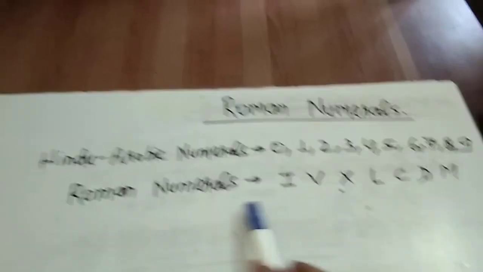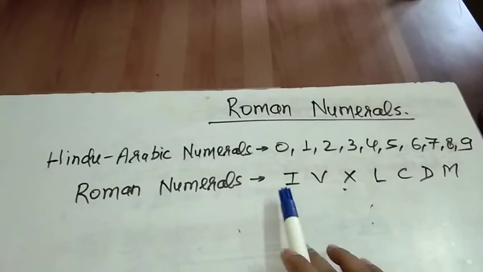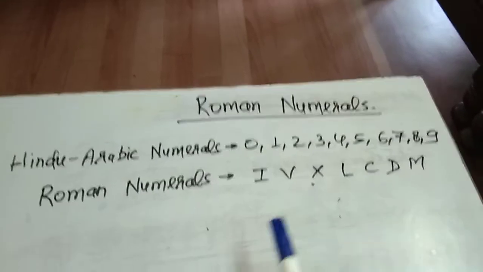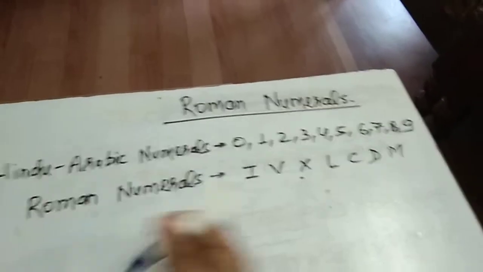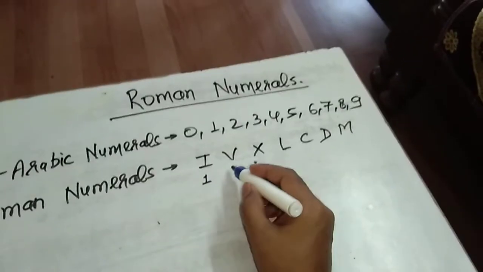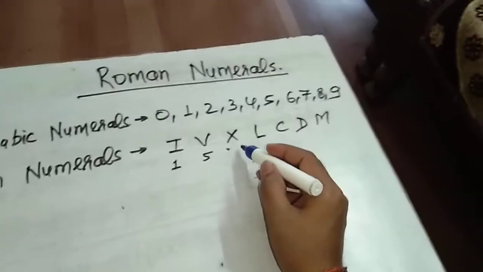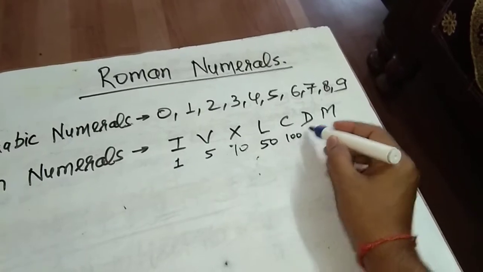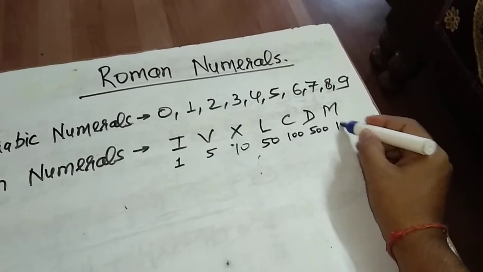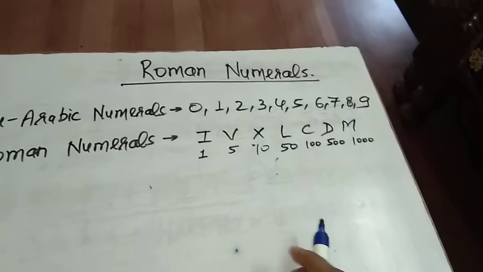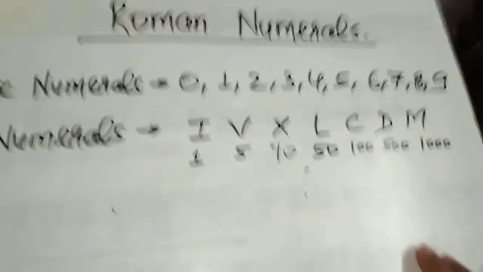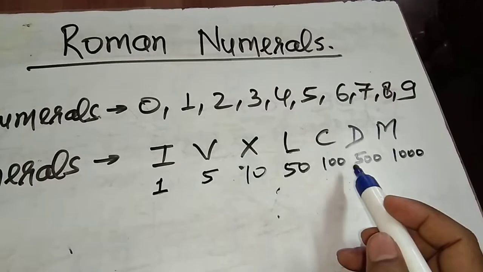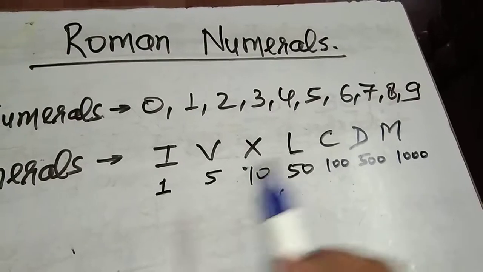In Roman numerals there are 7 symbols: I, V, X, L, C, D, M. The value of I is 1, V is 5, X is 10, L is 50, C is 100, D is 500 and M is 1000. These 7 symbols have these values: 1, 5, 10, 50, 100, 500 and 1000.